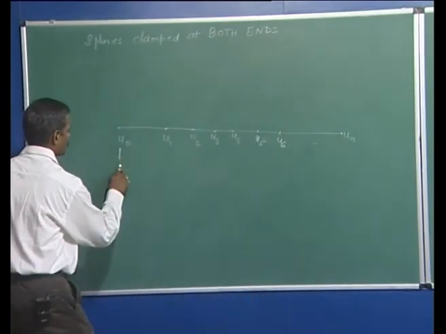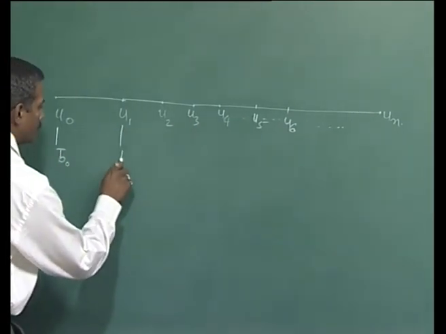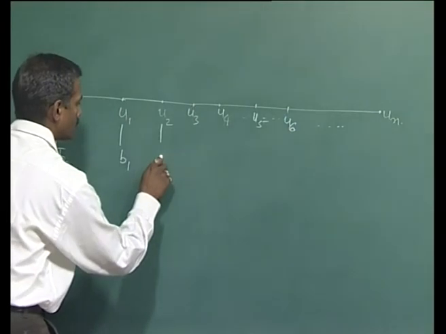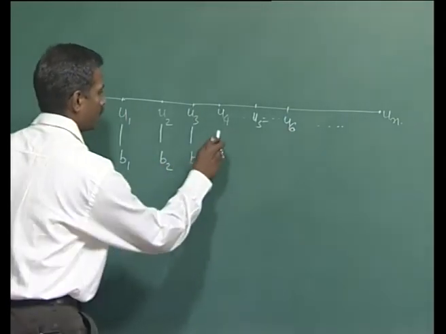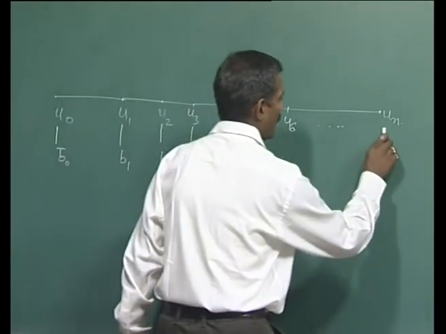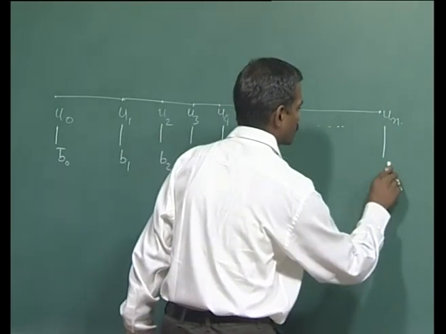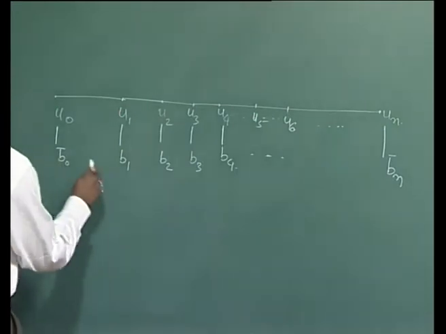Now this value would correspond to the design point B0, this one corresponding to B1, this one B2, B3, B4, and so on up till un, which would correspond to the last design point Bn. They are all vectors.